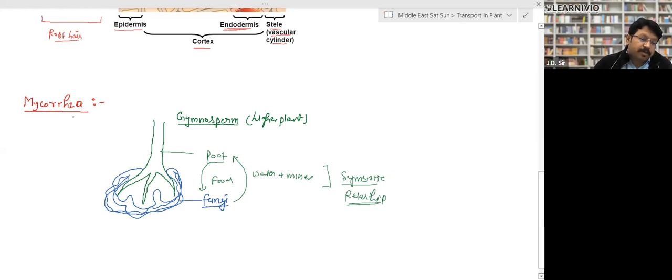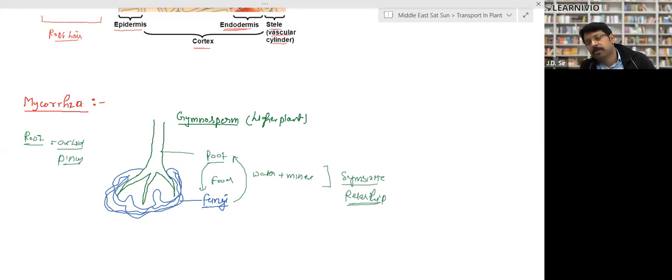What is the example? Root of orchid, pinus. Please note it down. Mycorrhiza is a fungal association with roots of higher plant.